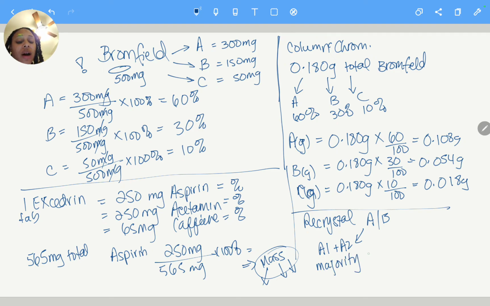Whatever you collected in the end was actually the majority. And how the solutions were made is there was a total of 55 grams made, and your majority was 50 of those grams.